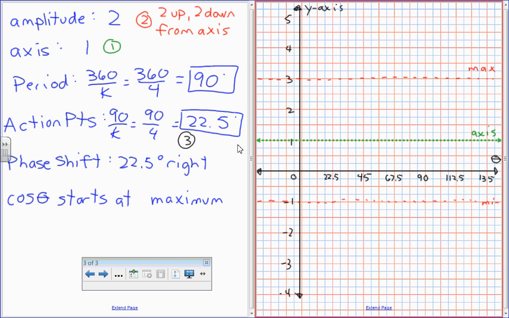My graph's only going to go to 135 and -22.5 over there. If you want to use every other one and just put a dash and do 45 and maybe just a dash in between, that's fine.